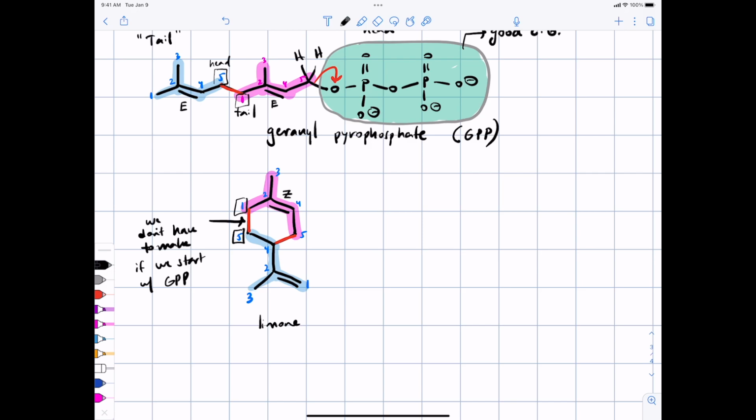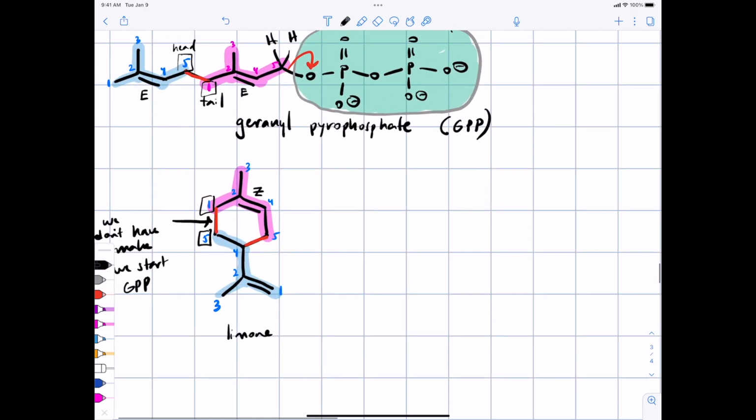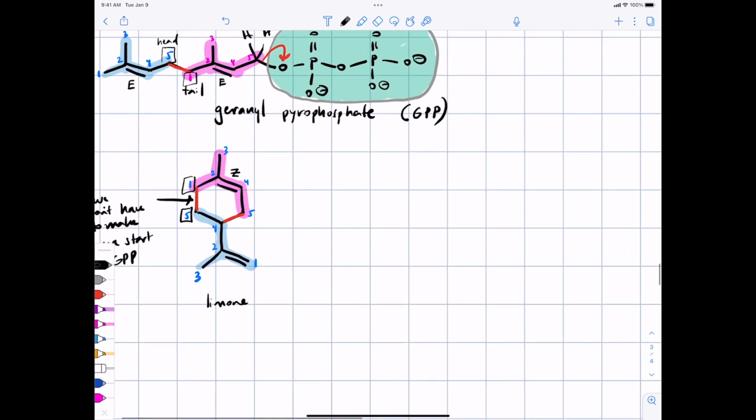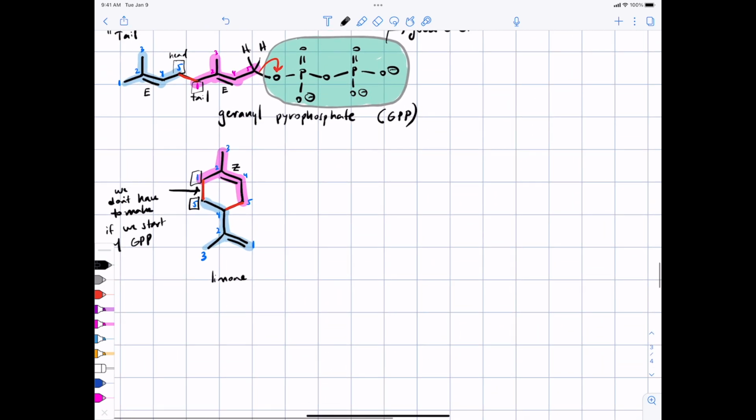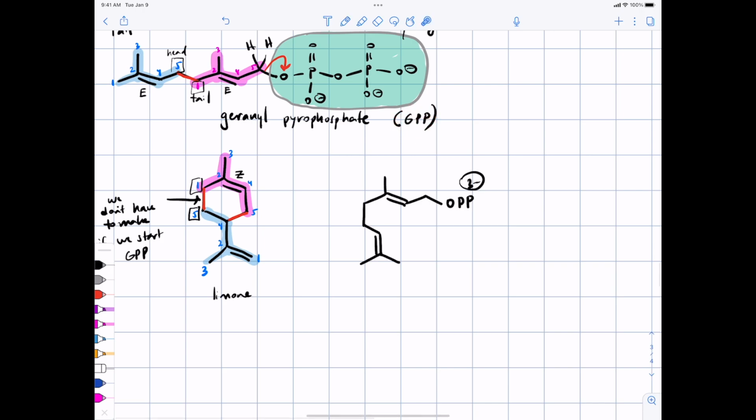So part of what we're going to need to do is take into account the fact that that pi bond in the E isoprene unit, in the pink isoprene unit, is Z instead of E. What I'm going to do now is redraw geranyl pyrophosphate in a way that maybe better illustrates the connection between GPP and limonene.